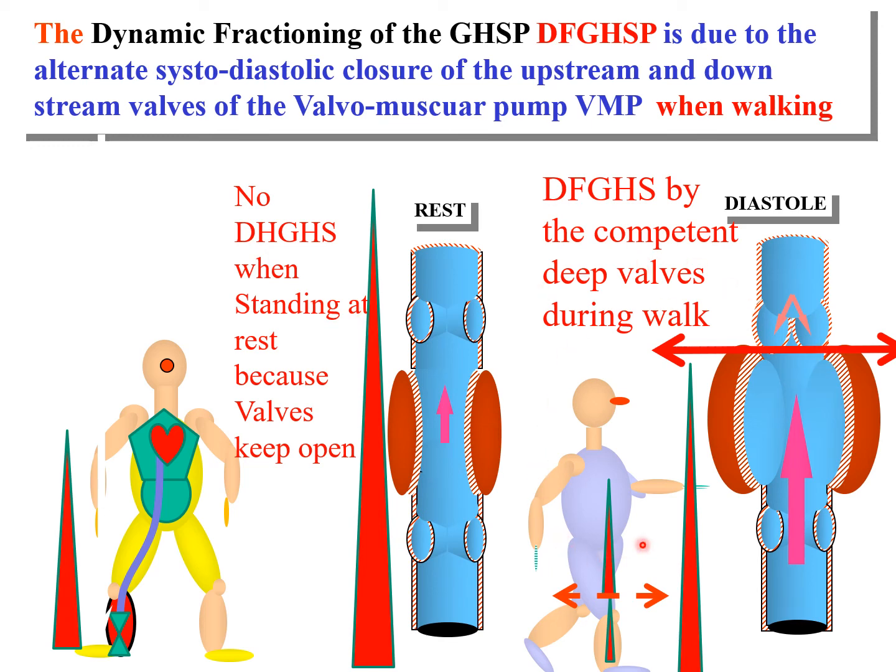But when you walk, during the diastole, the competent valves are closed by the diastole of the pump, so fractioning the hydrostatic pressure down to 30 millimeters at the level of the ankle.